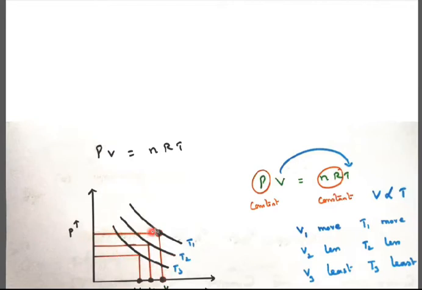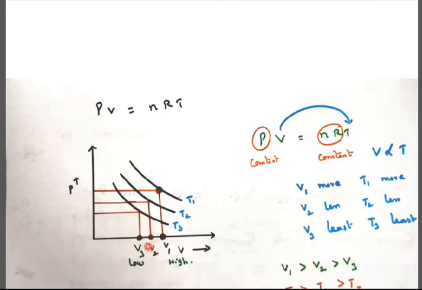First draw the horizontal line for T1, T2 and T3. Then point out the vertical lines for T1, T2 and T3. V1 is very high when you compare from 0, V2 is less and V3 is very less. This is the volume on the x-axis, pressure on the y-axis.